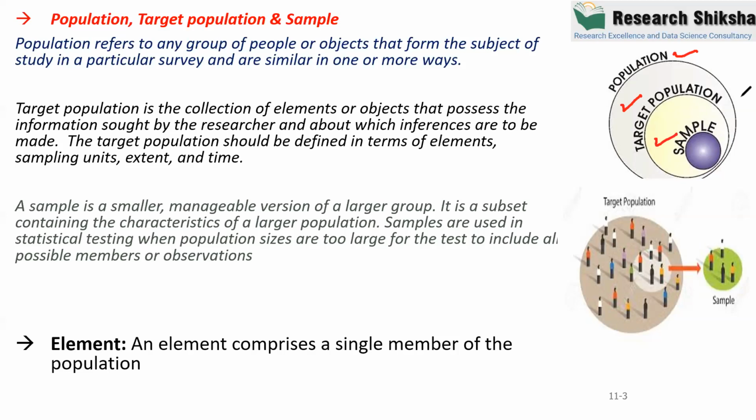After that, there is a term known as target population. Now, what is this target population? After explaining the population, you have to define your target population. For example, suppose I want to conduct a study on online teachers, or faculty members who are using online platforms for teaching nowadays.